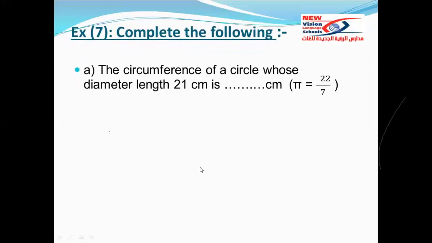Complete the following. Can you solve it? Bring your notebook and begin to solve it, okay? All of you bring your notebook, and open your mic, open your camera and show me your answer. Quickly. Bring your notebook and try to solve it.